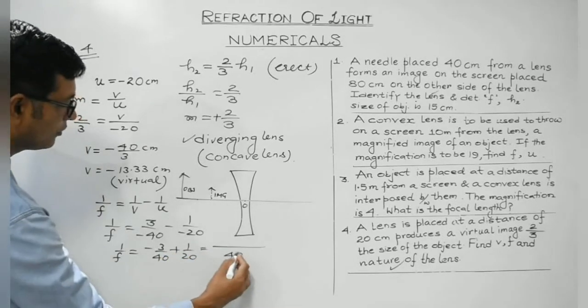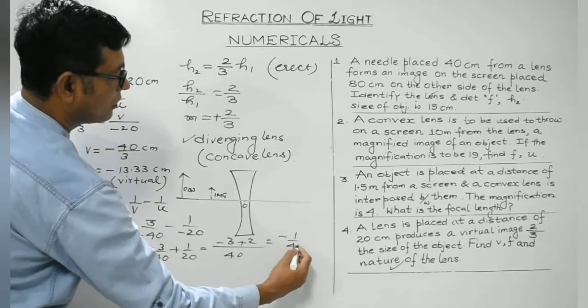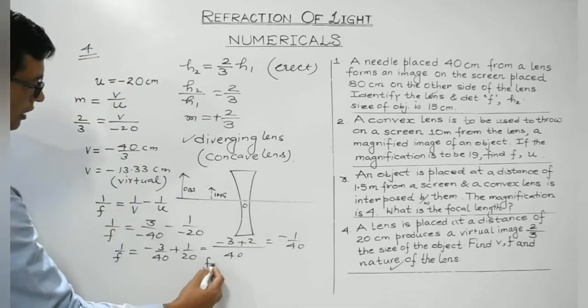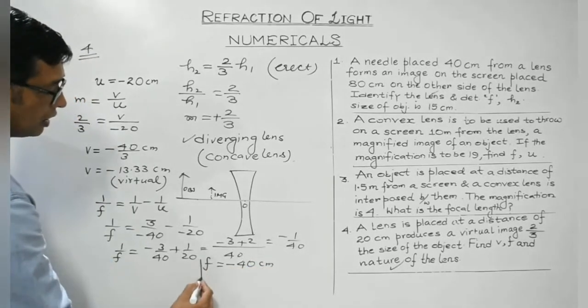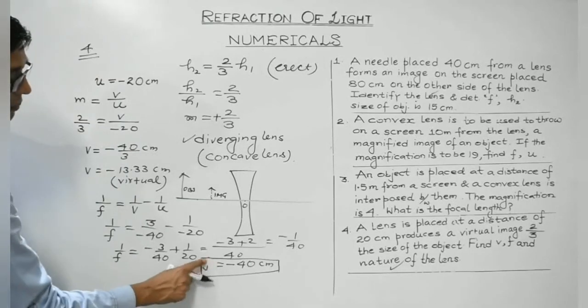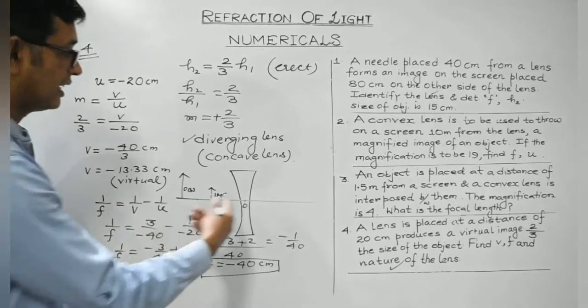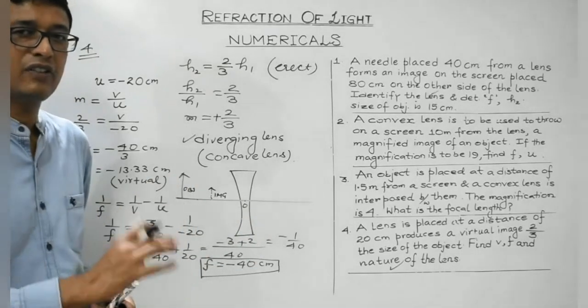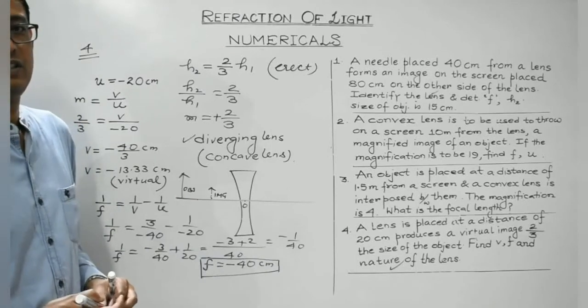So LCM would be 40, minus 3 plus 2. So it is minus 1 by 40. So f would be equal to minus 40 centimeter. Again, from the negative sign of the focal length, it can be easily predicted that the nature of the lens is diverging. It is only for a concave lens in a rarer medium that its focal length is negative.